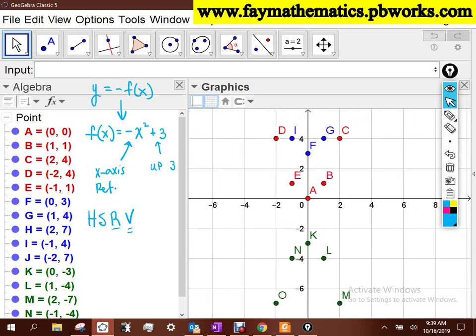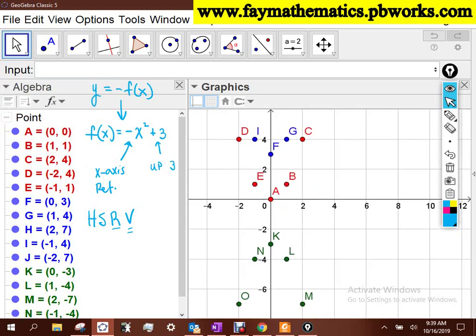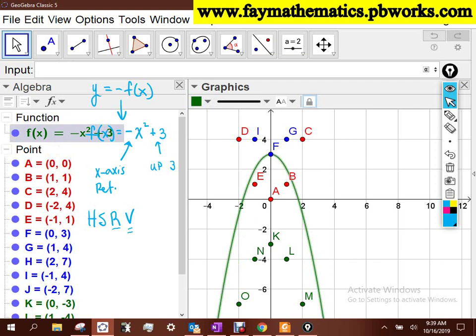So my argument is, if I've done these transformations, then these green ones should be points that are on negative x squared plus 3. And when I graph negative x squared plus 3, do those 4 or 5 points show up? No, they're not on it, right? That tells me that we've done something incorrect.